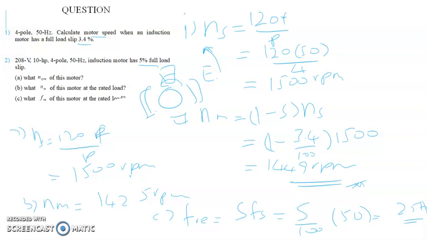So the amount of your slip times the full frequency of your system is your rotor speed. So the value is 2.5 Hz. Sorry, 2.5 Hz, not 25 here. 2.5 Hz is the difference between your rotor and your system frequency. Okay, we shall see the next example on the last page of your notes in the next slide.